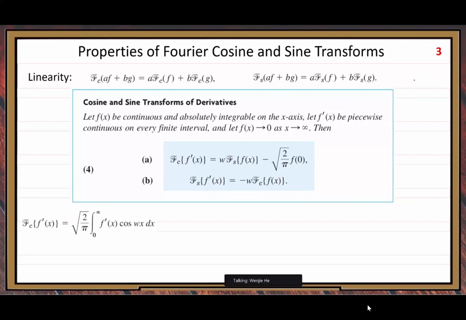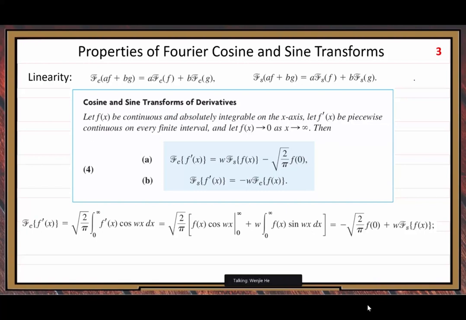Here is like the proof. Here I did integration by parts. You take the limit: when x goes to infinity, f goes to 0, and cosine is a bounded function. A bounded function times something with limit 0 has limit 0.